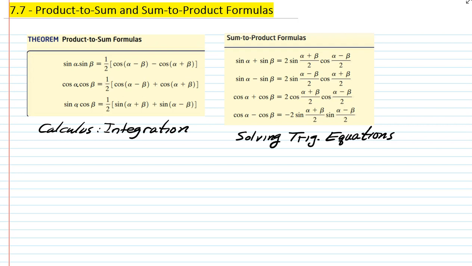Okay, so first of all, how do I use these formulas? Let's say I'm making something up here. Suppose I have an expression, sine 4 theta times cosine of 2 theta.